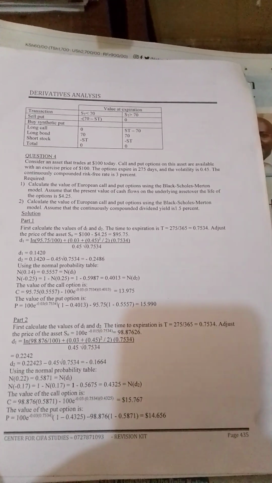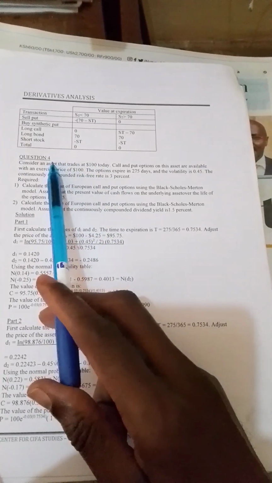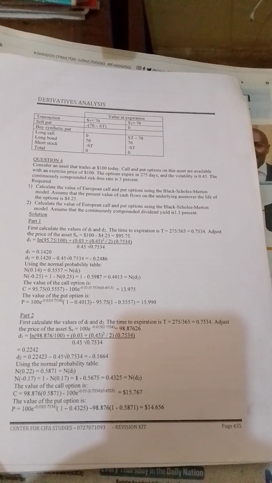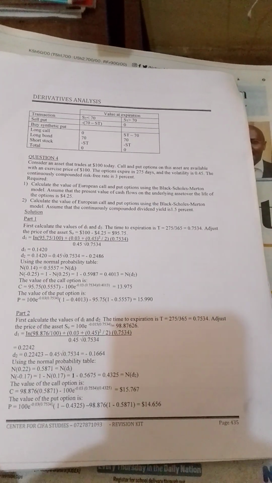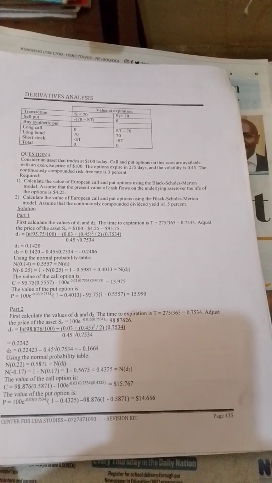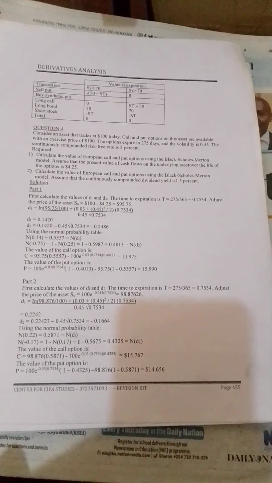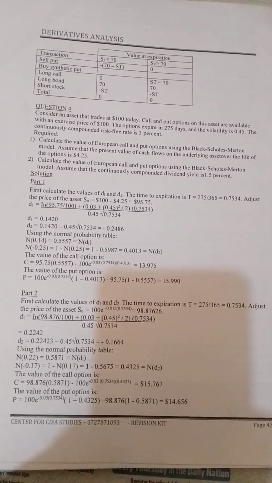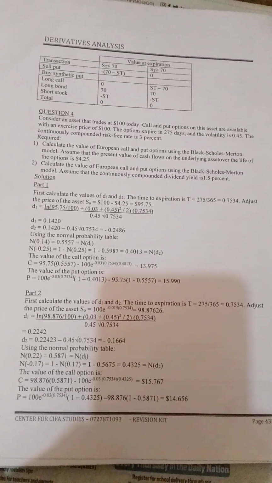Now I leave you with a question here which you can attempt. There's a question here you find in page 435 where you are told, consider an asset that trades at, no, not shillings but US dollars. Consider an asset that trades at $100 a day.